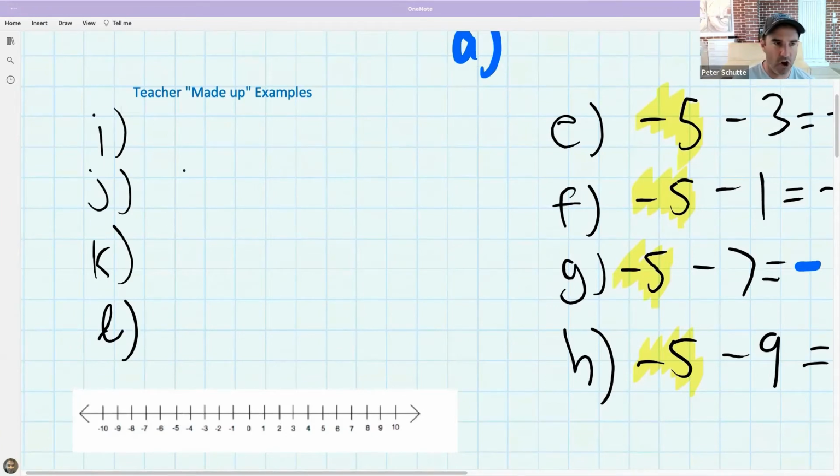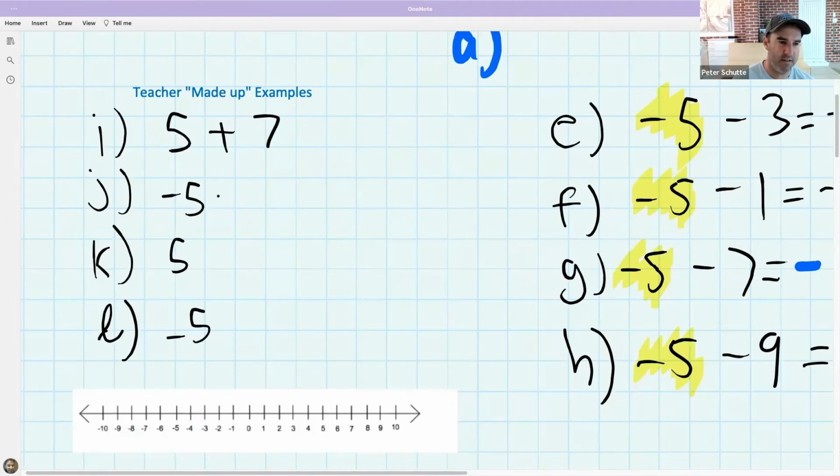I'm going to start with a 5 and then sometimes start with a negative, and then here I'm going to add 7. Here I'm going to subtract 7. Here I'm going to subtract 7, and here I'm going to add 7.